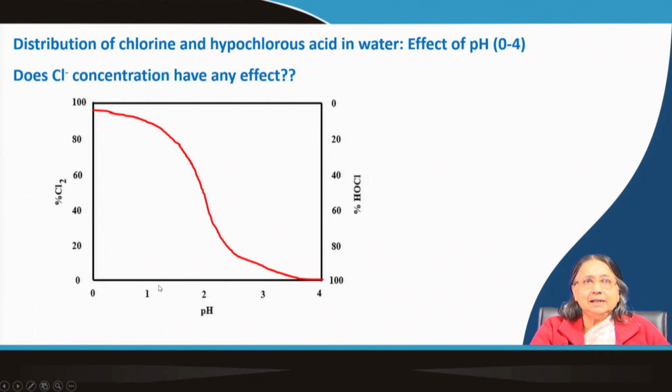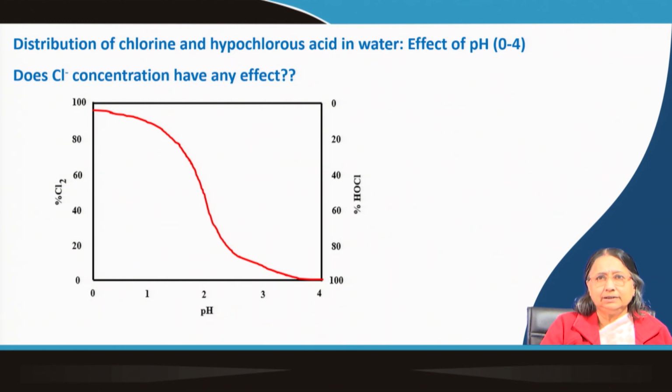As you increase the pH, say for example, at pH 1 the percentage of chlorine is about say 90%, and then this one you see 10%. Okay. As you increase pH, say for example, at pH 2 this is about 50%, this is also about 50%, then at pH 3 the chlorine is say 10% and here it is say 90%, and at pH 4 no chlorine is present, almost 100% it is HOCl.